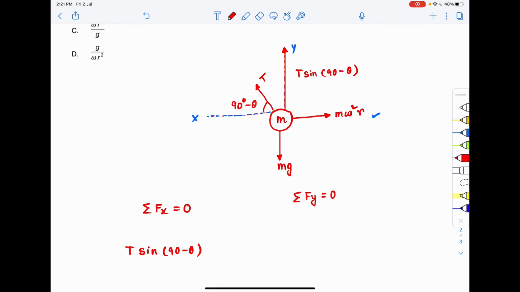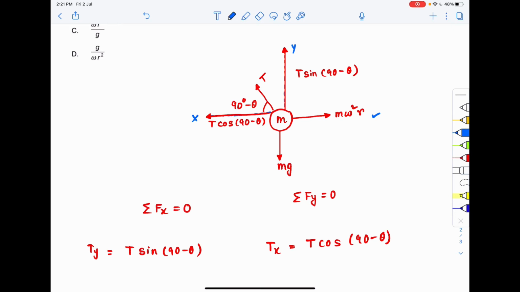And the component of T along the x axis will be T cos 90 minus theta.